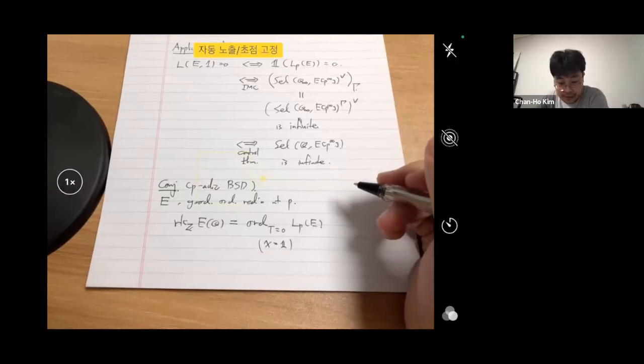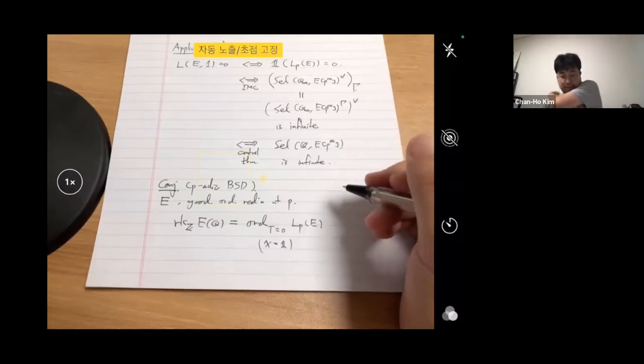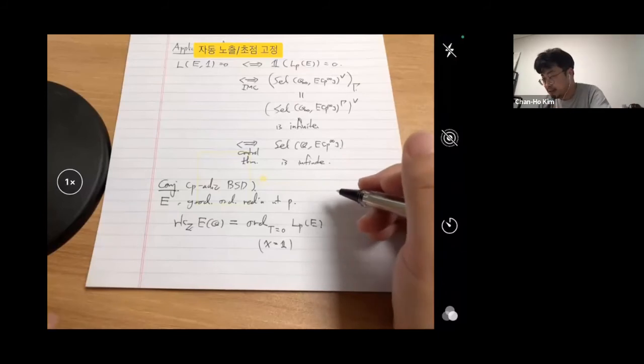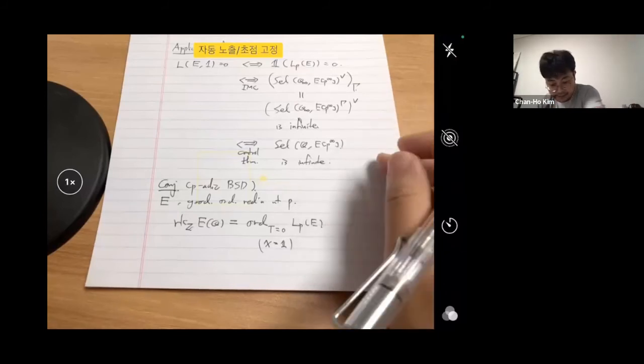And using Kato's theorem, what we know is one inequality.